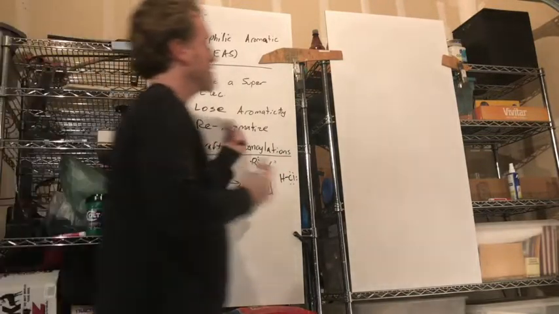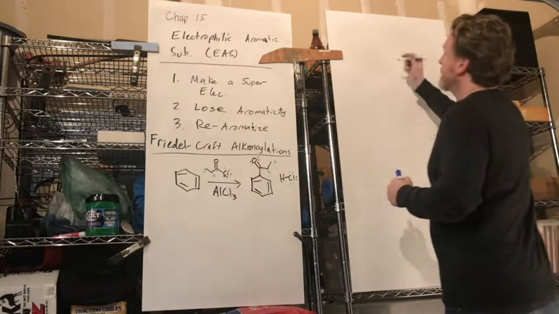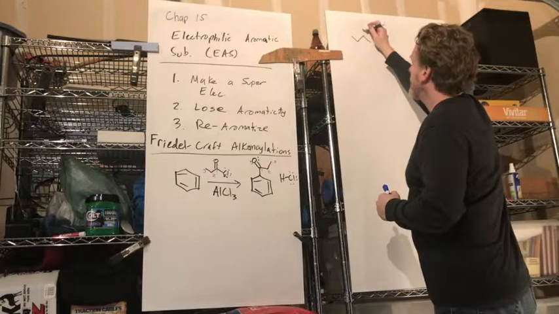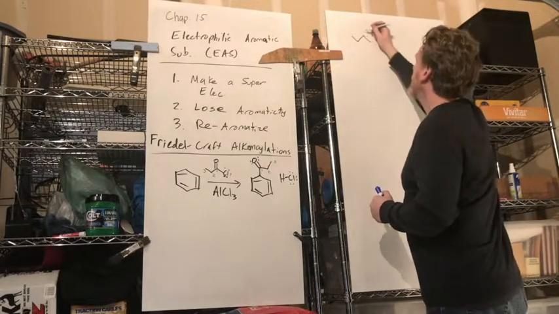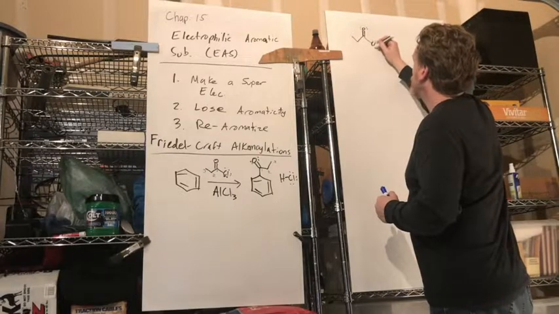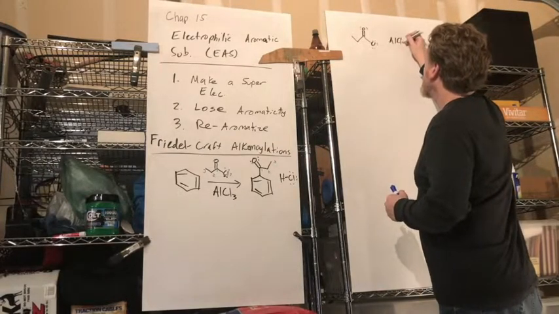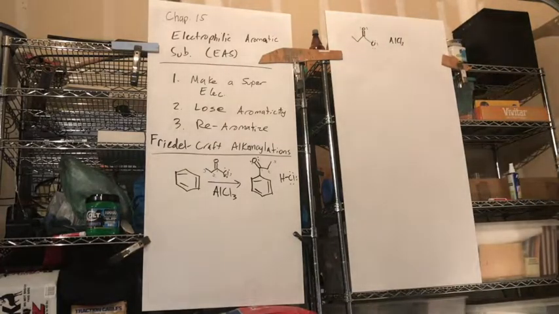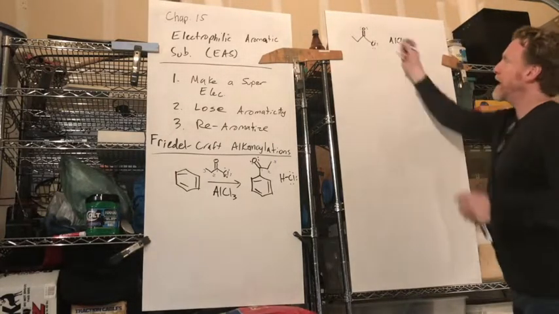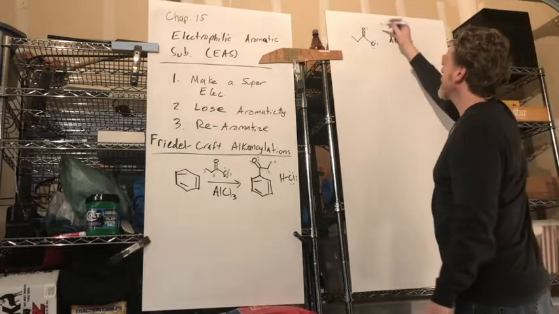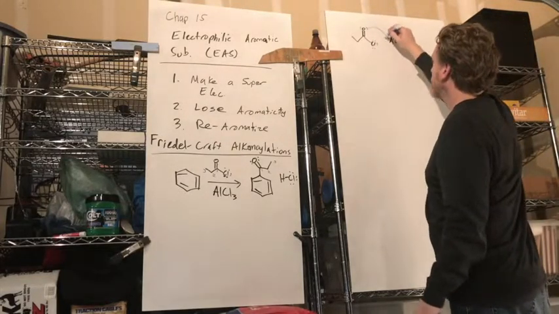So let's do the mechanism. Starts off interestingly like this. I'll show you the two. So when this electrophile is becoming a super electrophile, it has two areas that it can bind with the aluminum. One area would be from the carbonyl.